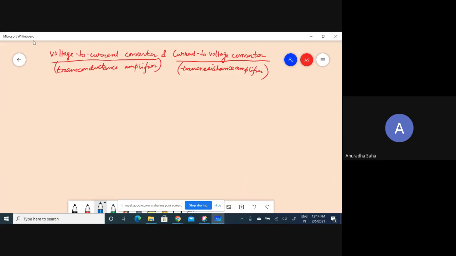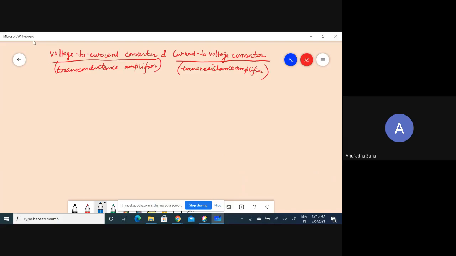What are those two cases? For the voltage to current converter, the V to I converter, the circuit diagrams contain operational amplifiers, one with a floating load and another with a grounded load. Now, what does this mean? I'm coming to it.